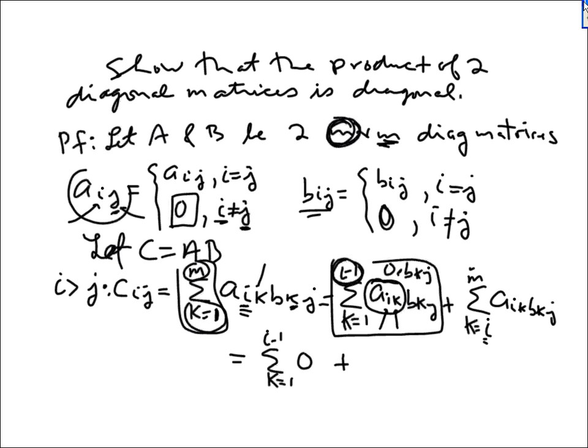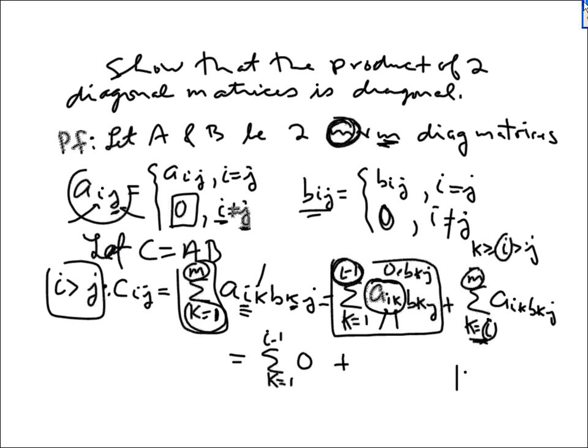Okay. Now, we know that i is bigger than k. Sorry, i is bigger than j. We know that i is bigger than j. But k is bigger than or equal to i. k is i, and then more than i, i plus 1, i plus 2, all the way up to m.